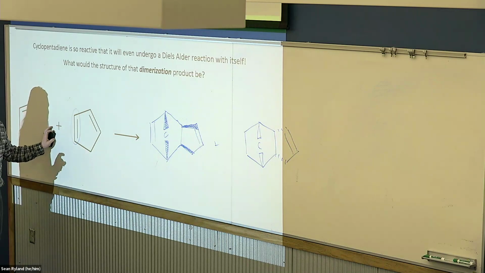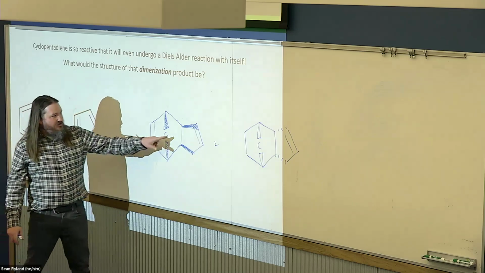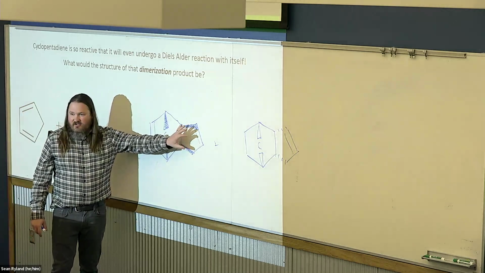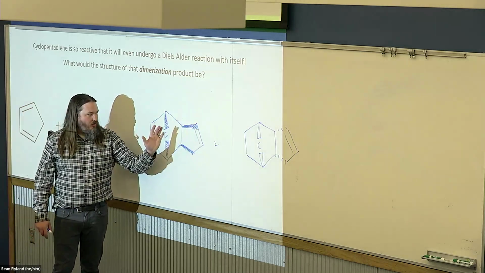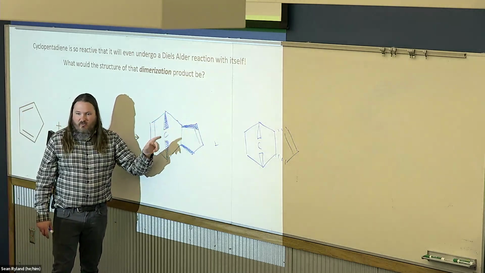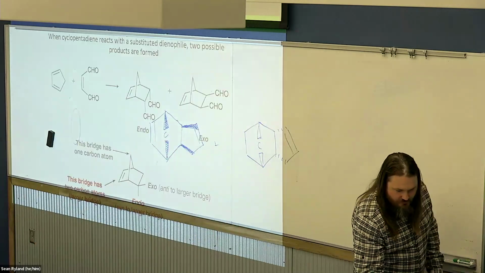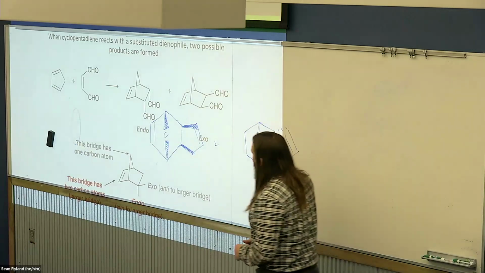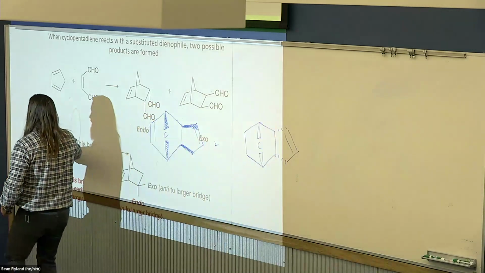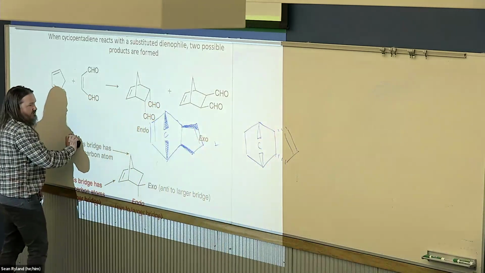So with bicyclic structures, there are two ways they could be arranged. Either with this other structure pointing towards the rest of it or away from the rest of it. So we actually get what are called endo and exo products.